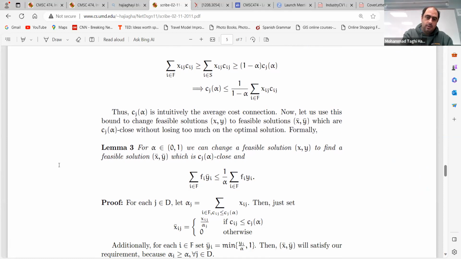So what do we have here? We have these equations that we were using. The sum of xij cij, i belongs to F, is greater than those that belong to S, because S is a subset of F. And then that is greater than or equal to 1 minus alpha times Cj alpha.